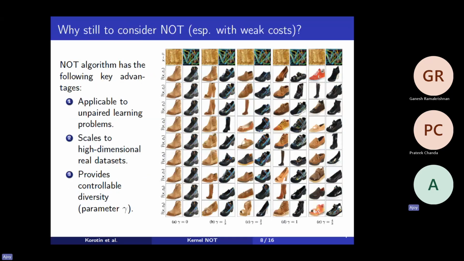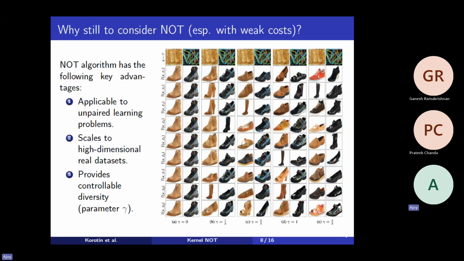So even when the soundness was not guaranteed in the last paper, why still consider neural optimal transport as a viable thing? That's the main idea: even if it's 90% sound per se, it's still very useful in real life because of the diversity parameter gamma, which we can set to be anything. When gamma equals 0, there is no diversity or variance in the distribution.